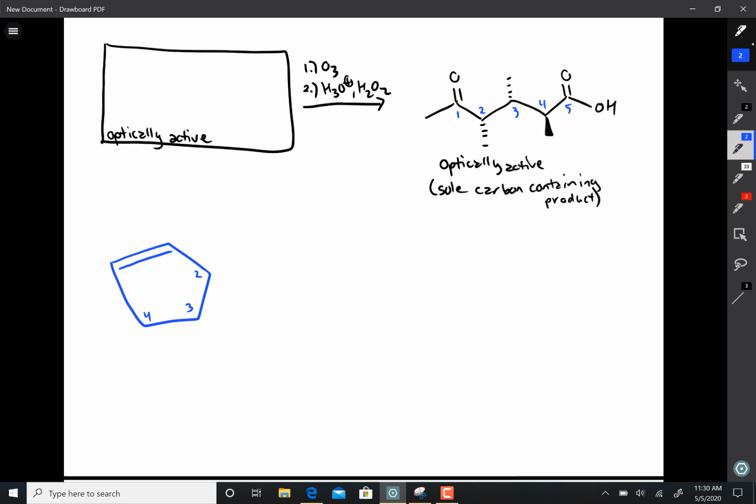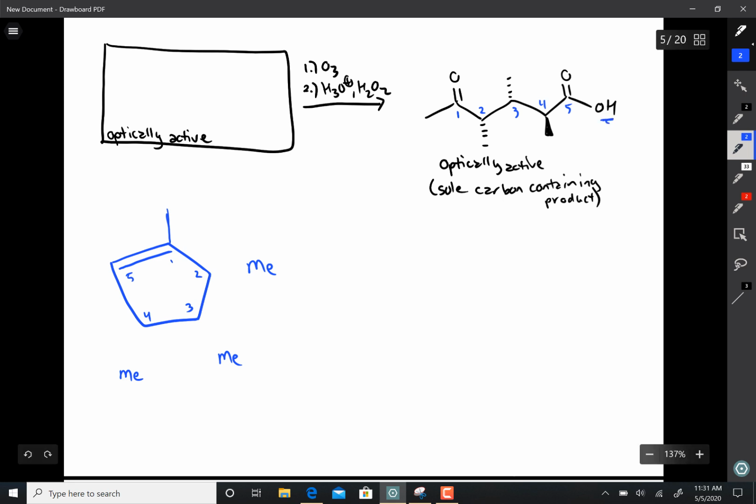And then we have a carbon off of 1. We have a methyl group off of 2, a methyl group off of 3, a methyl group off of 4, and then 5 is a carboxylic acid.